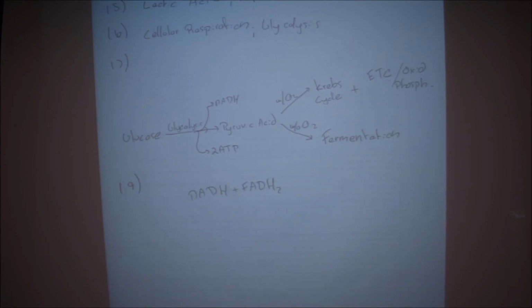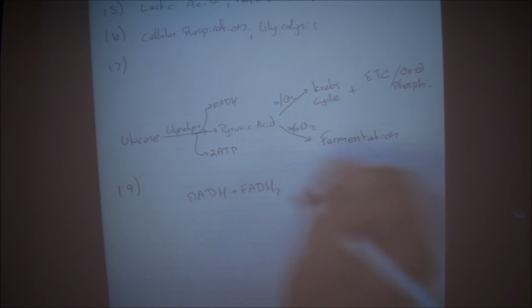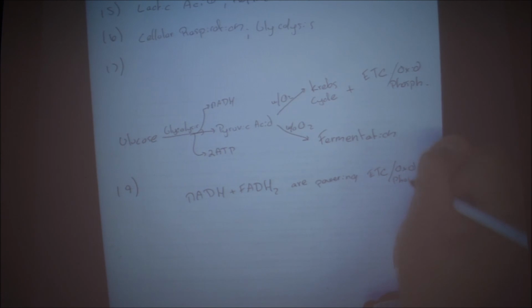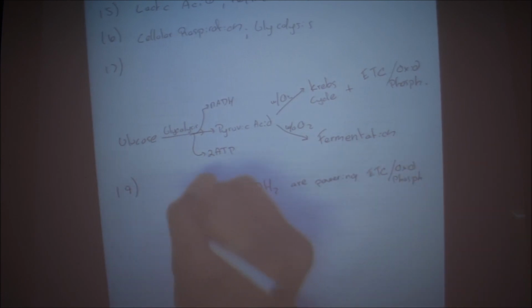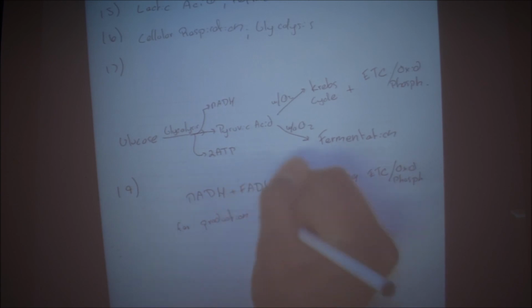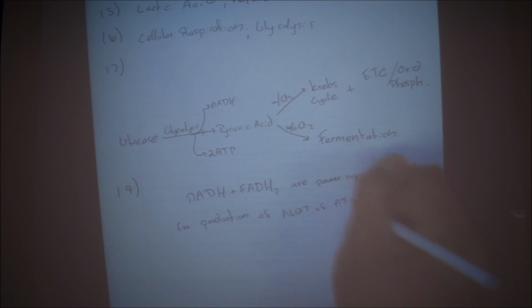We're not going to go into it, but NADH and FADH2 are powering the electron transport chain and oxidative phosphorylation for production of a lot of ATP, specifically 32 to 34.